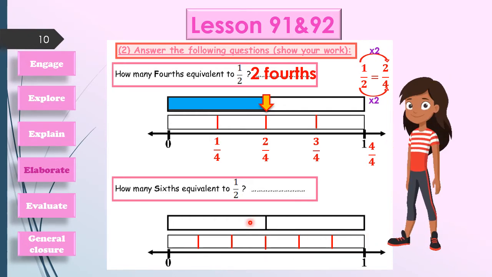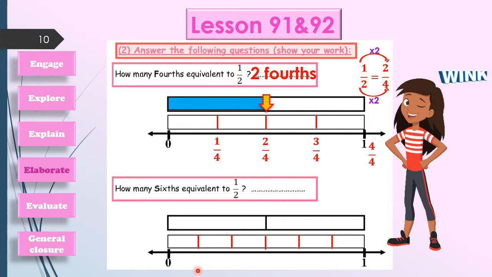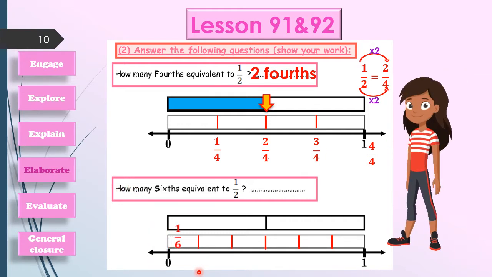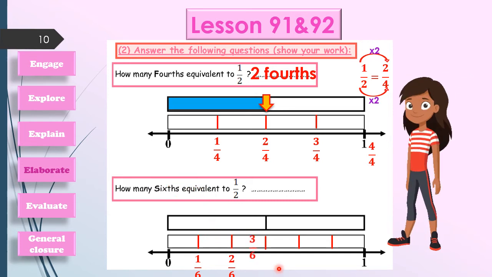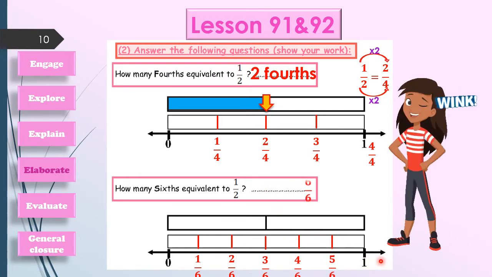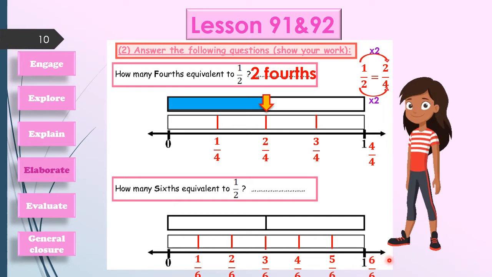Okay, let's name each dash. First one, it will be 1 sixth, 2 sixths, 3 sixths, 4 sixths, 5 sixths, and the last one, which is the whole one, 6 sixths.